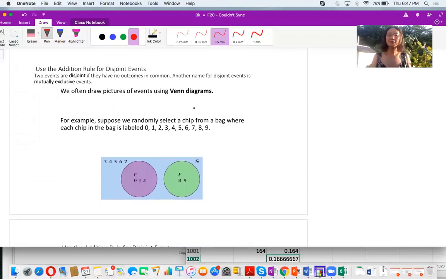And the next terminology is the Venn diagram. In a Venn diagram, we use this rectangle to represent the sample space, and we use the circle to represent events.